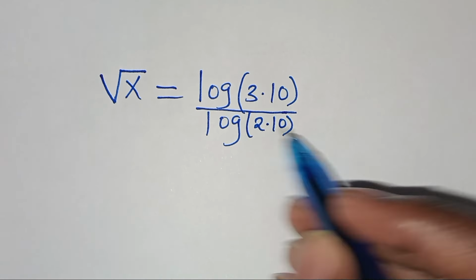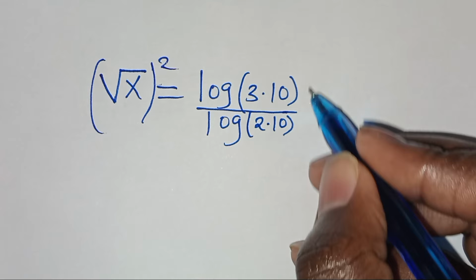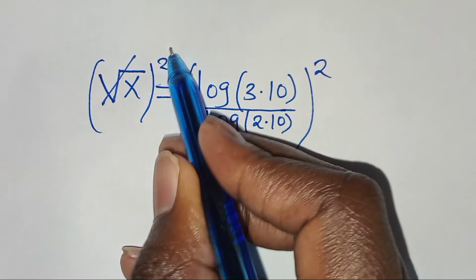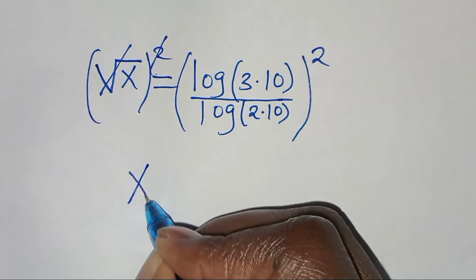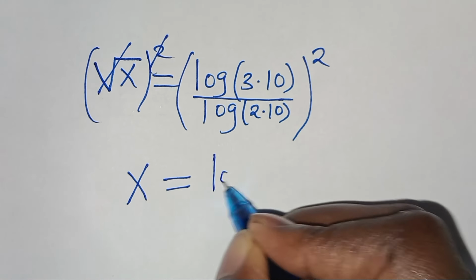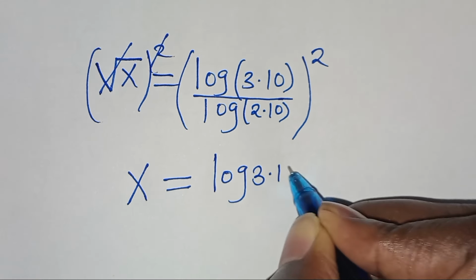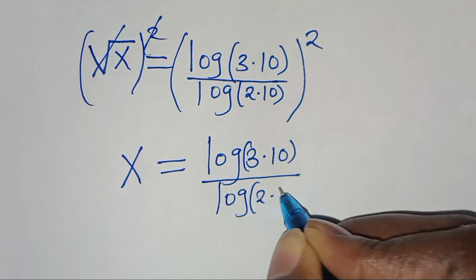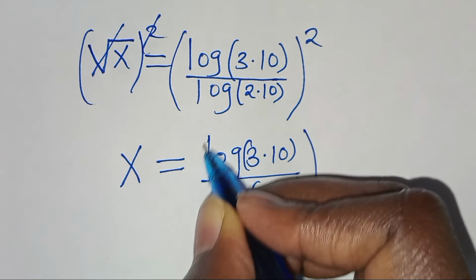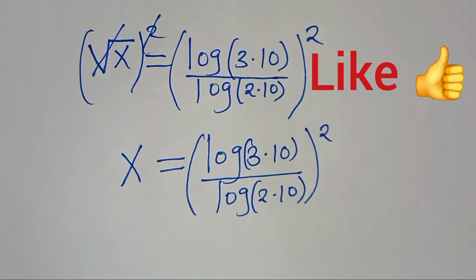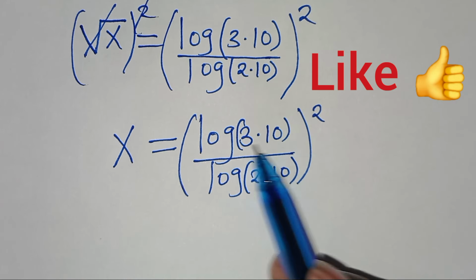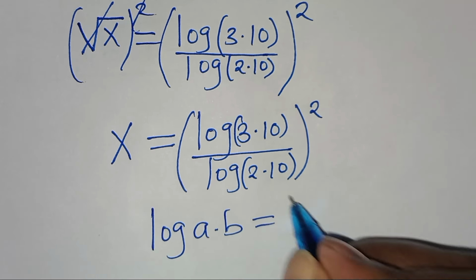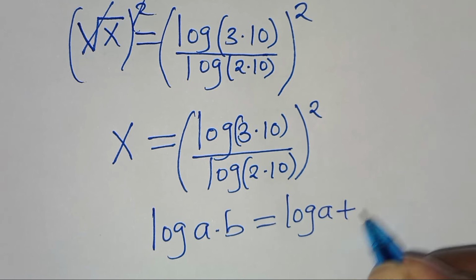Now to solve for x, let's square both sides, so that we eliminate the square root sign. We have x equal to log of 3 times 10 divided by log of 2 times 10, everything raised to the power of 2. The next step is that log of a times b can be expressed as log a plus log b.